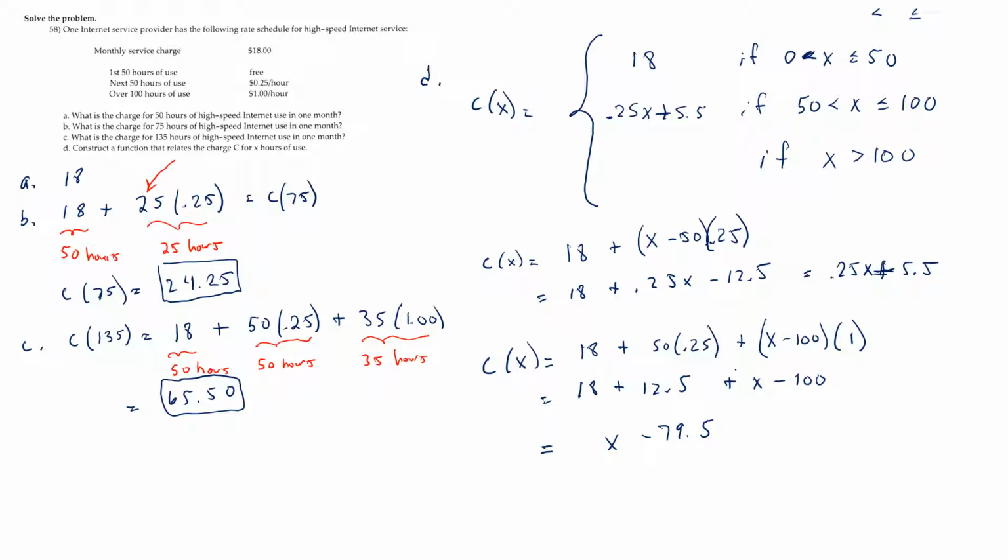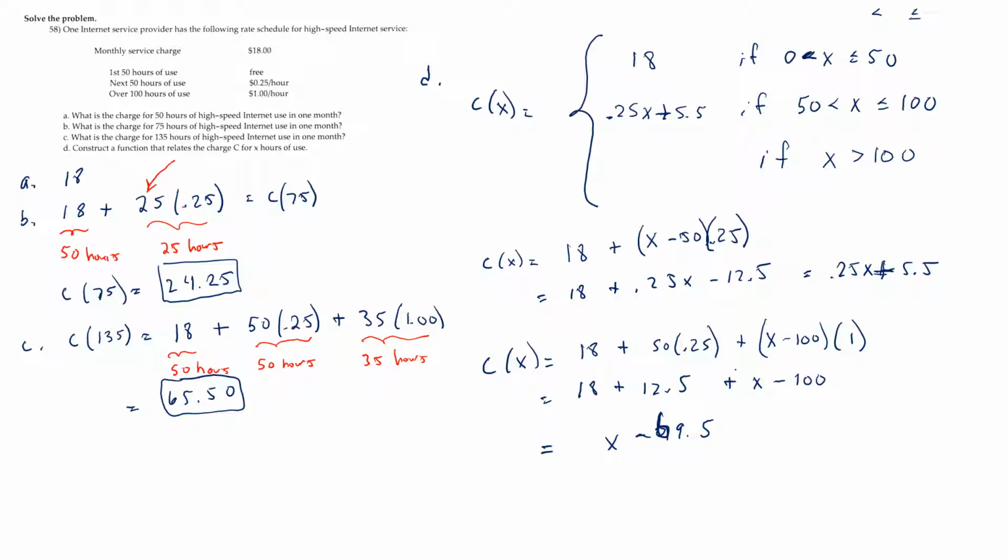18 plus 12.5 minus 100 is actually 69.5. It looks like 18 plus 12.5, that'd be 20.5. I'm sorry, 30.5. Shoot, 18 plus 12.5 is 30.5. And when I subtract that from 100, that'd be 69.5.